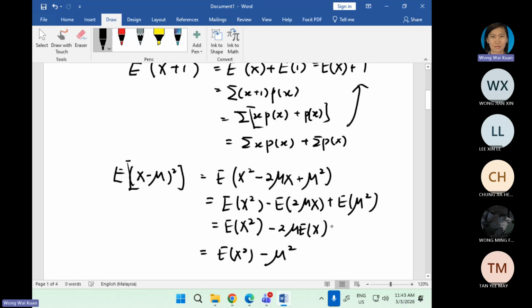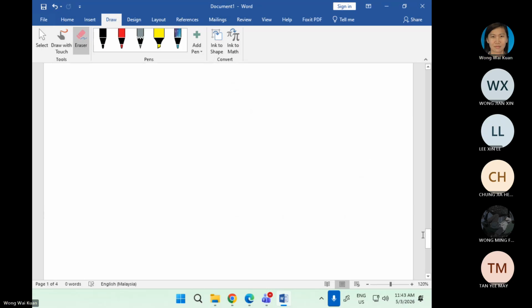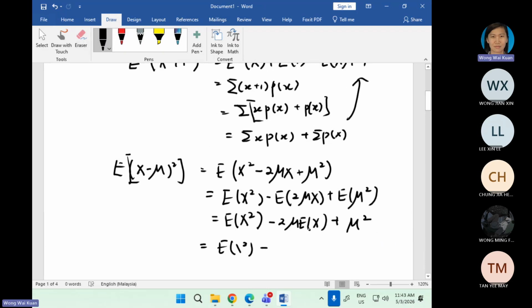E of mu squared is a number, so I have plus mu squared. What happens next? E of x squared no change, but E of x is mu. So I have minus 2 mu squared plus mu squared, so I have E of x squared minus mu squared.